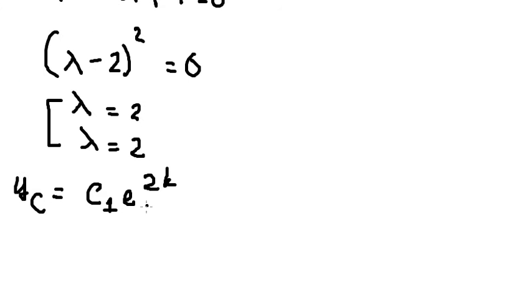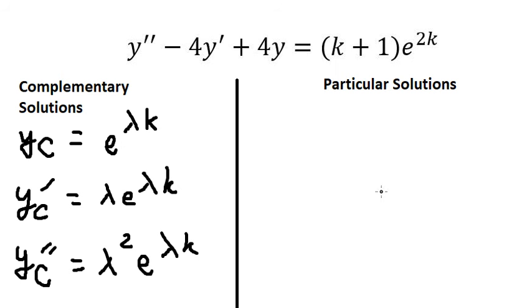That's why we have e to the power of 2k, because the two solutions repeat, 2 and 2. So the next one, c2 k e to the power of 2k, and this is the answer for yc.